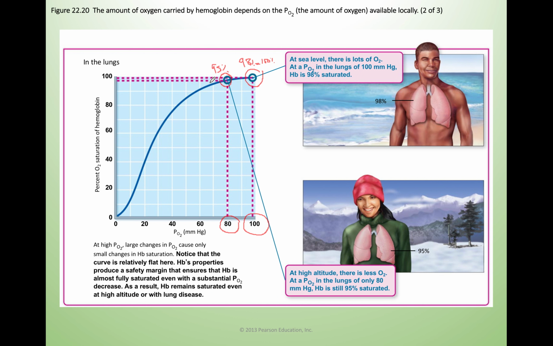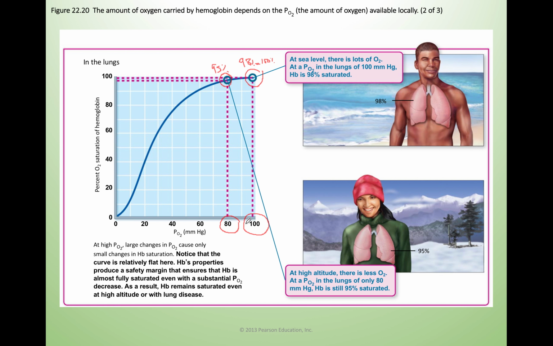So the goal is this. The purpose of your lungs is to pick up oxygen no matter how low the levels of oxygen are. If it's about 100, then your lungs are really happy. This is normal, so it saturates about 100.